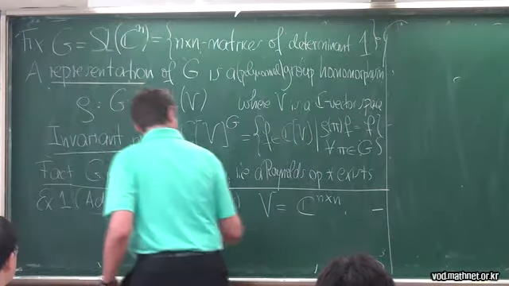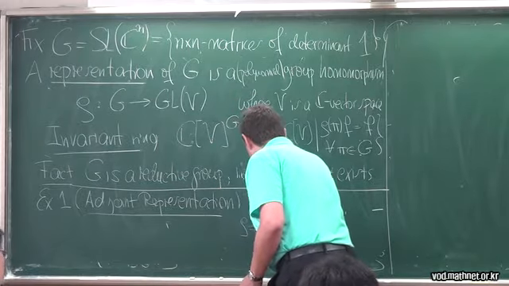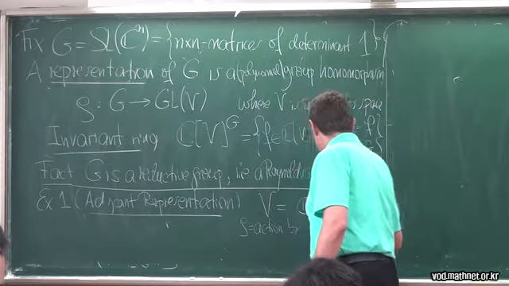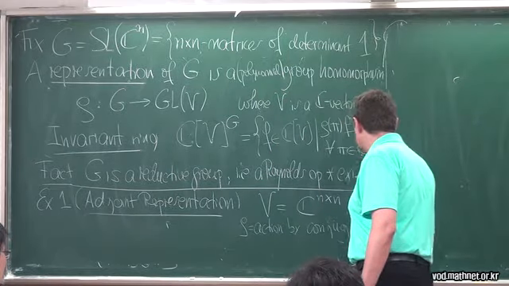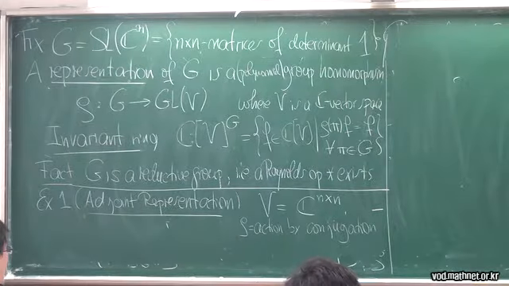So what's the action? Let me say it. The action rho is by conjugation. So you have a matrix, and you multiply on one side by pi and by pi inverse on the other side.